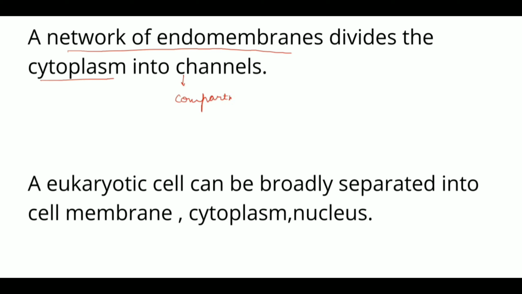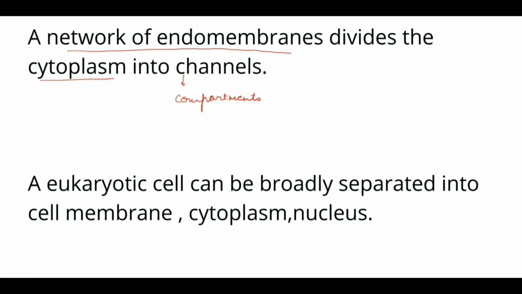When we study the chapter on the cell, we will focus on this point, and see how this network of endomembranes is dividing the cytoplasm into channels. It is basically the endoplasmic reticulum. So we'll see it in the chapter on the cell.